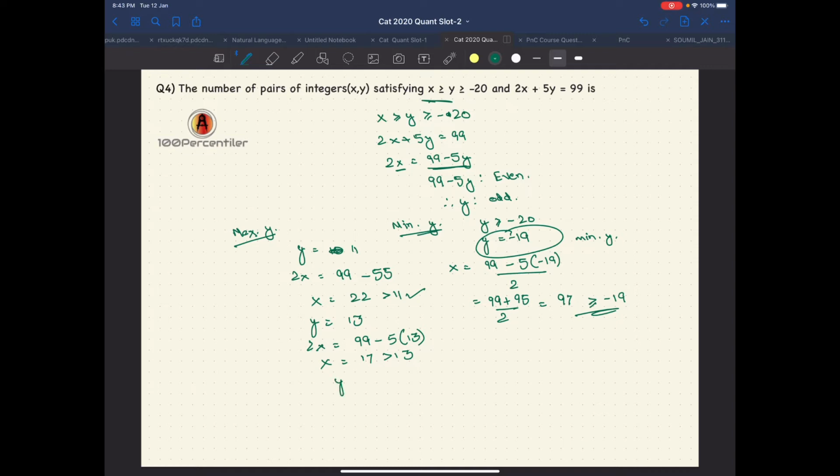And if we see for y equal to 15, we will get x less than y, and therefore this will not be a possible value. So therefore y max is 13 and y min is minus 19. Now from minus 19 to minus 1 there are 10 values, and from 1 to 13 there are 7 values. Therefore 17 is the required number of pairs of integers x, y that satisfy the given equations.